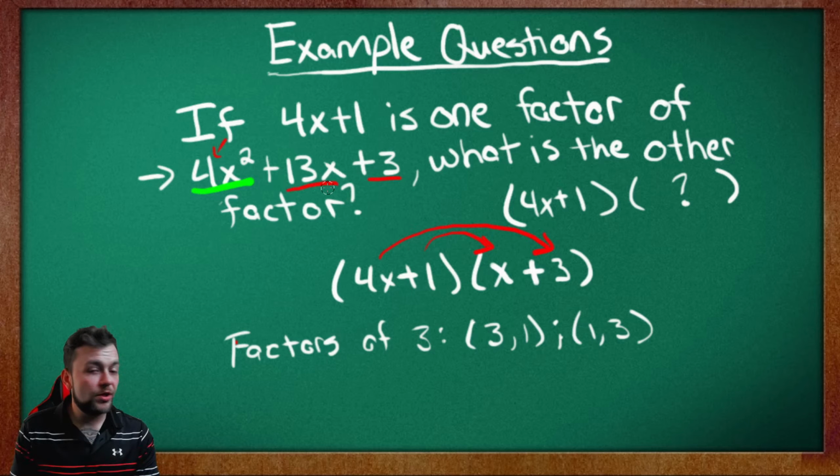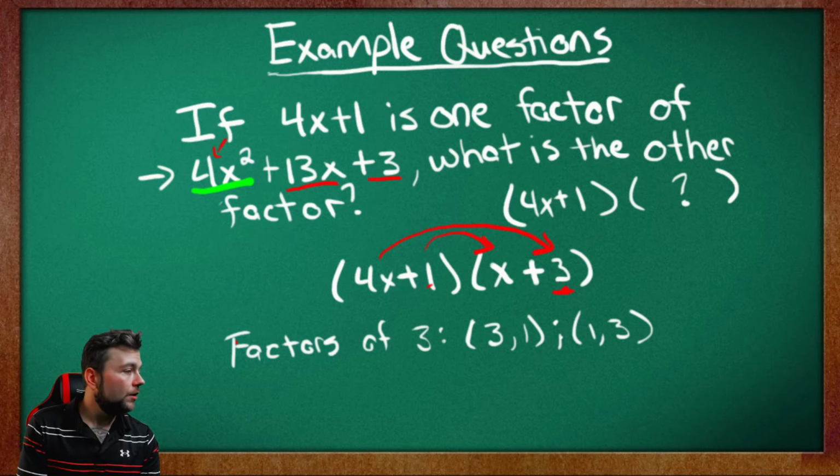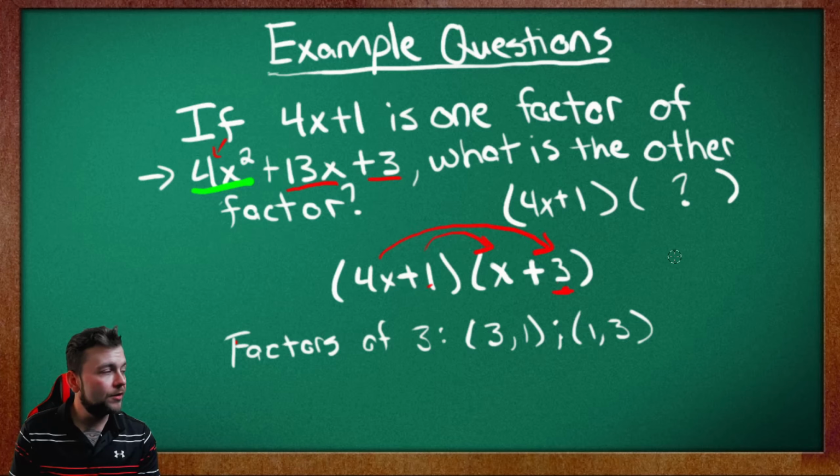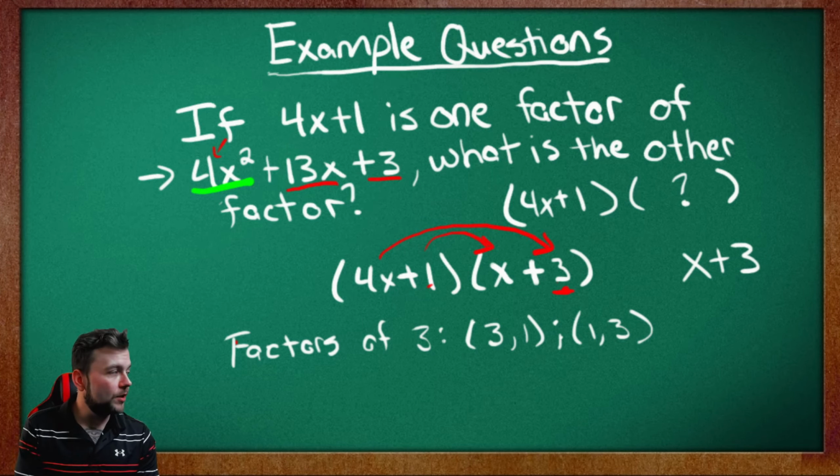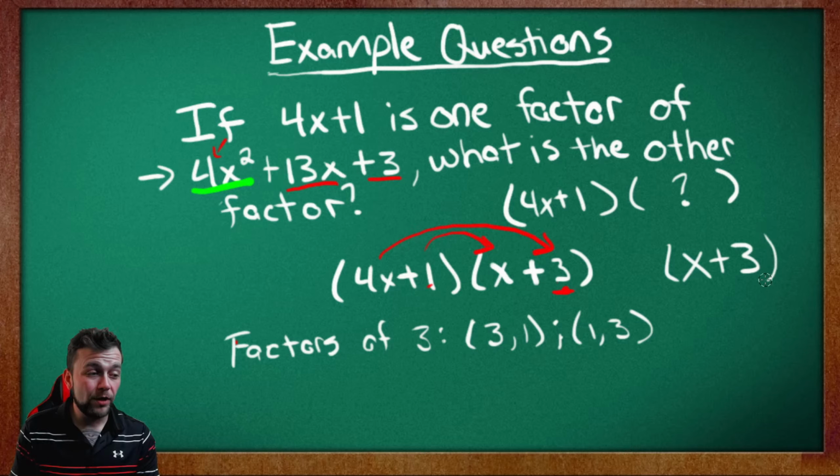That equals 13x. So this is our answer, this 3. So the other factor is x plus 3. That is our answer. We can go ahead, put that in parentheses, circle the answer, and we are good to go.